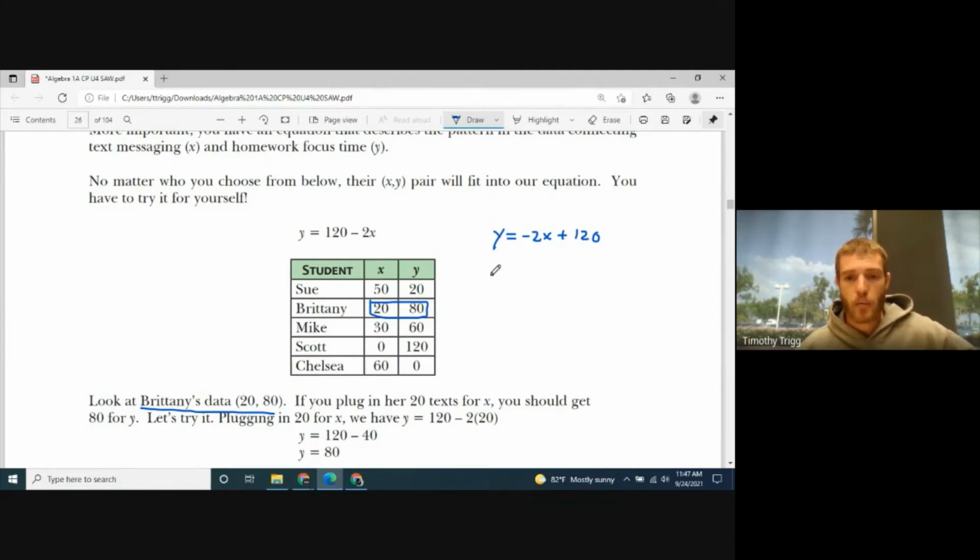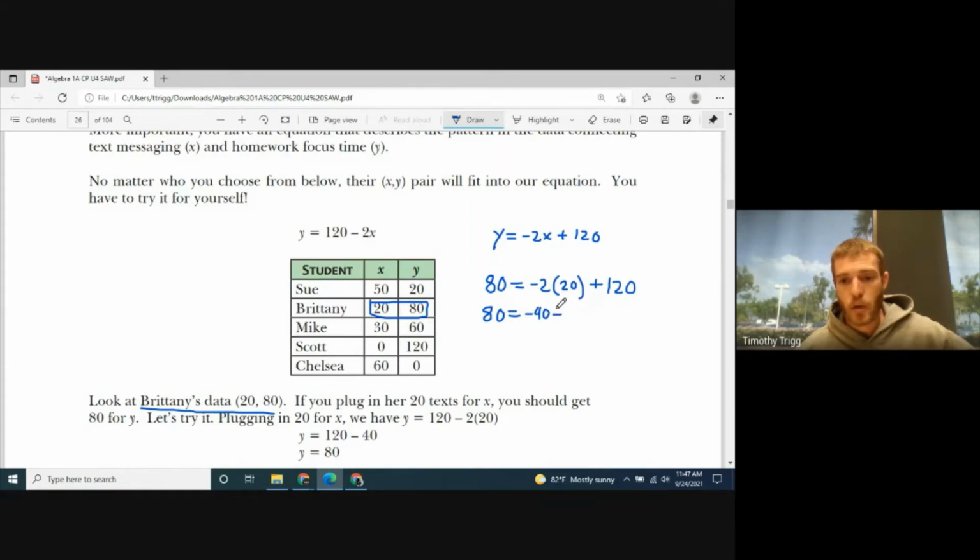So the y coordinate will be 80 equals -2 times x, so times 20, plus 120. So if this is the correct equation, then this point should work. So this will be 80 equals, what's -2 times 20? Okay, well, that's -40.